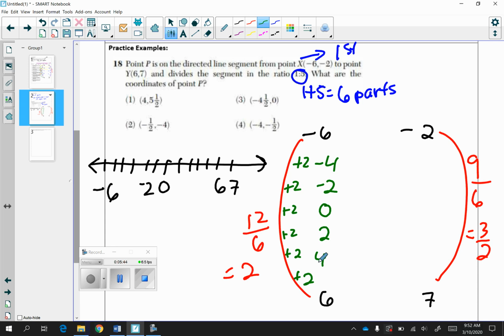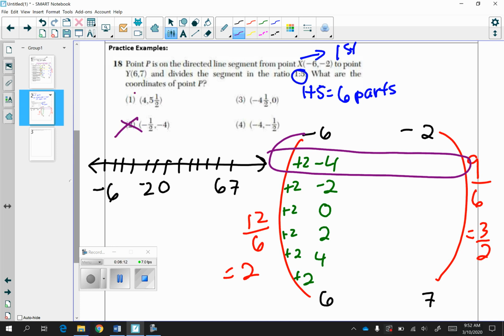Now, I know that there has to be 6 parts, right? 1, 2, 3, 4, 5, 6. And it's in the ratio of 1 to 5. So if I wanted, I could kind of cheat a little bit on this question and just go from this point to this point and know that right here is going to be my answer.